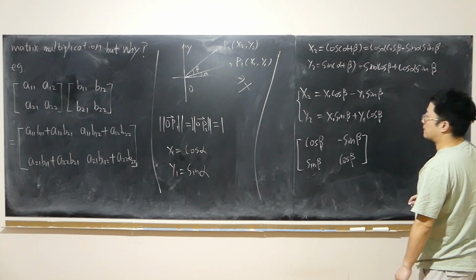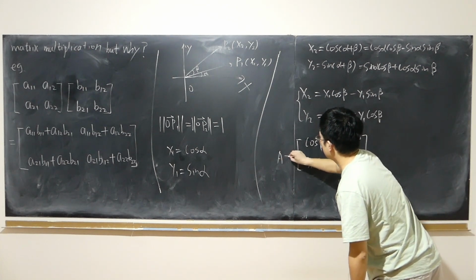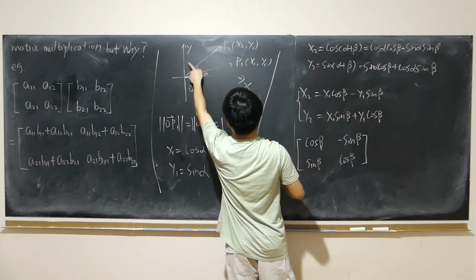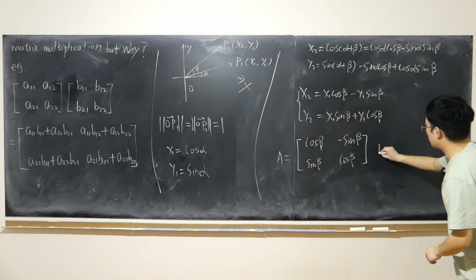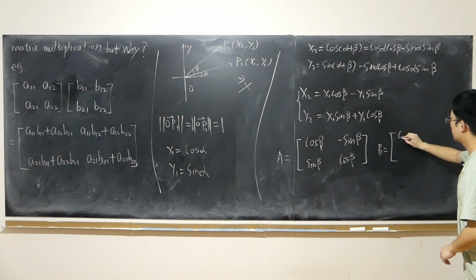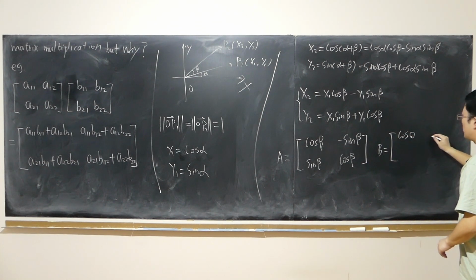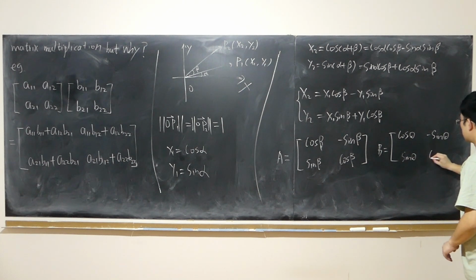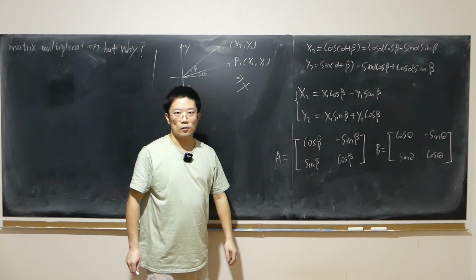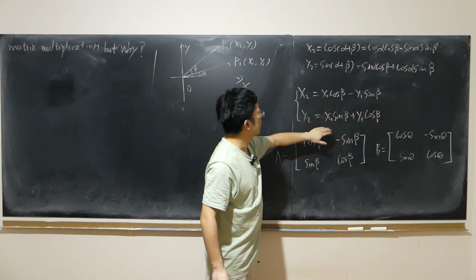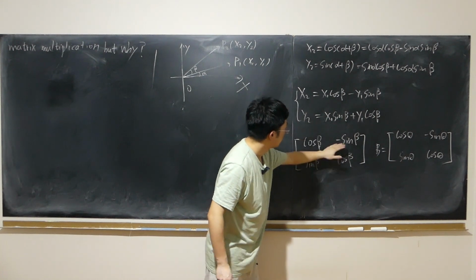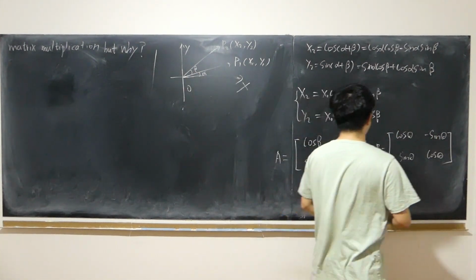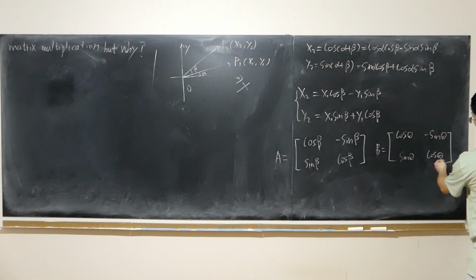Let's call it matrix A. Likewise, if we rotate it by theta degrees, we can call it matrix B: cosine theta, negative sine theta, sine theta, cosine theta.